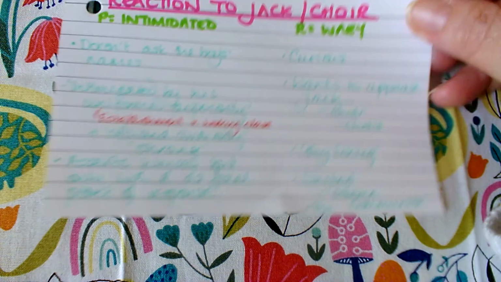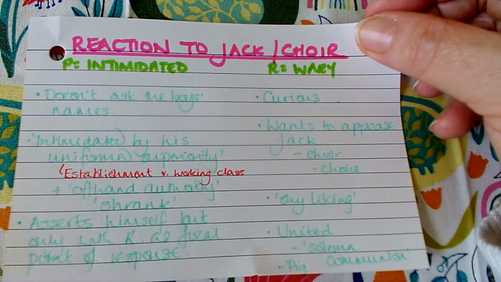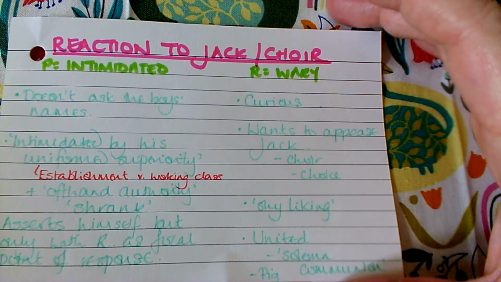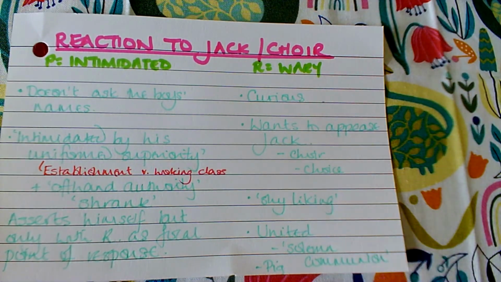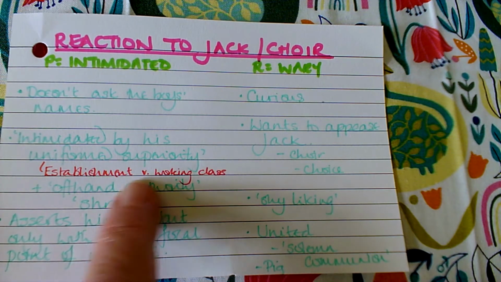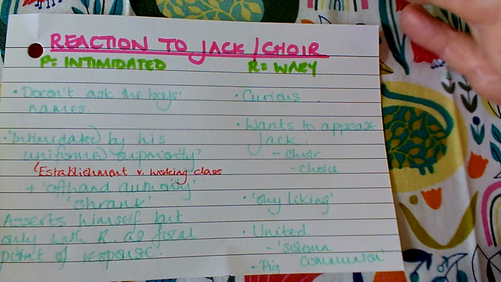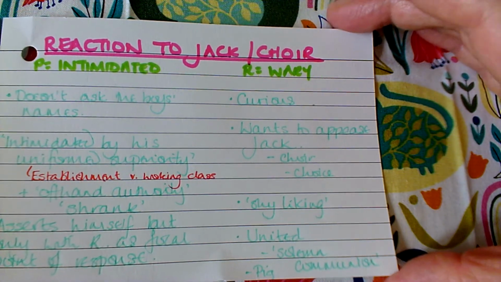So Piggy, through these actions, shows that he's perceptive, but it perhaps also shows us that he's used to this class divide in his country. There's more to say about that, but we'll deal with that later.